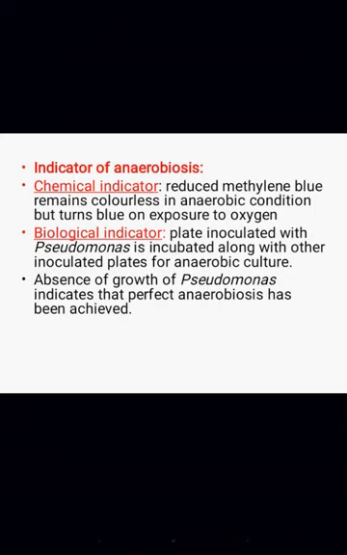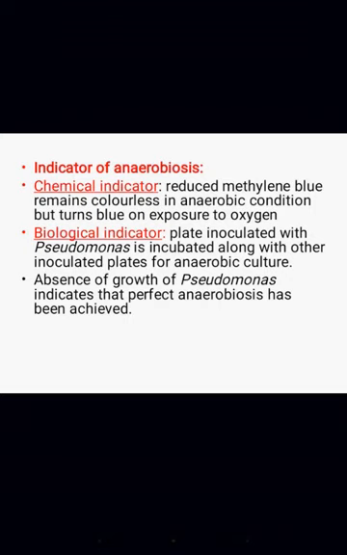Now there are some indicators for anaerobiosis. There are two types of indicators. In the chemical indicator, methylene blue is used, and reduced methylene blue remains colorless in anaerobic conditions and turns blue on exposure.